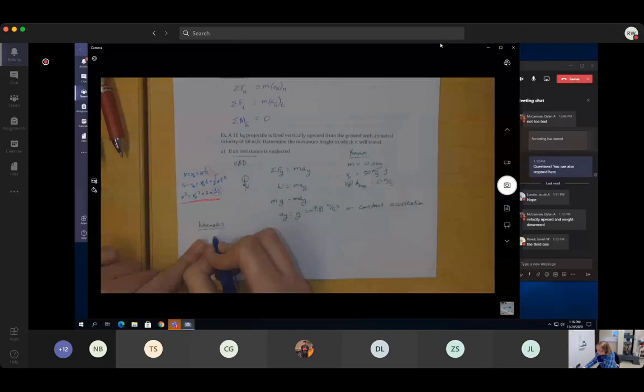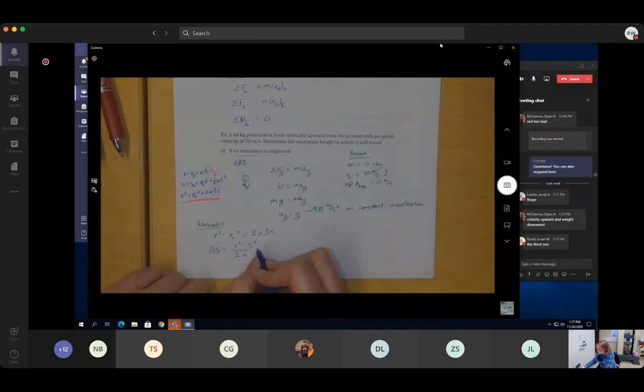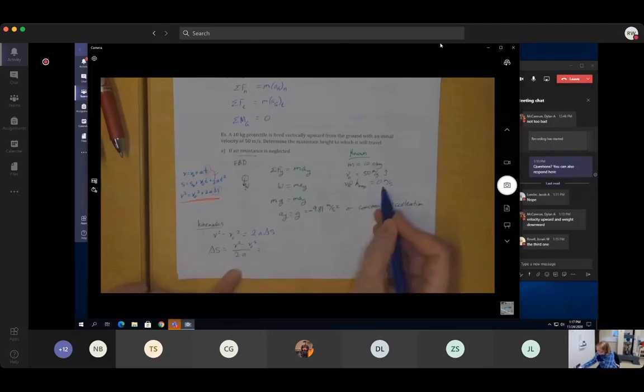So if we do v squared minus v naught squared, that's going to be equal to 2a delta s, which means delta s is v squared minus v naught squared over 2 times a. We said our final velocity is 0 meters per second.